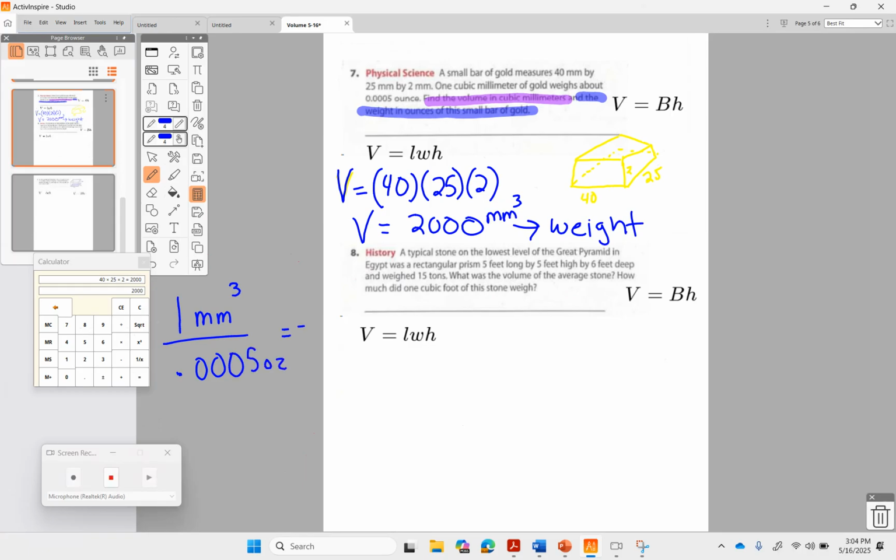But now I have 2,000 millimeters cubed, and I want to know how much does it weigh. Well, to get from 1 to 2,000, I multiply by 2,000. So this number times 2,000.